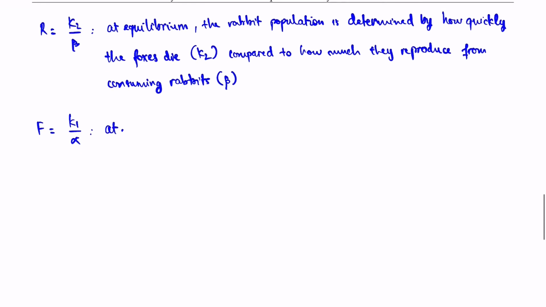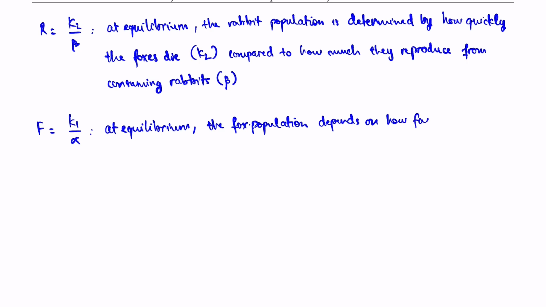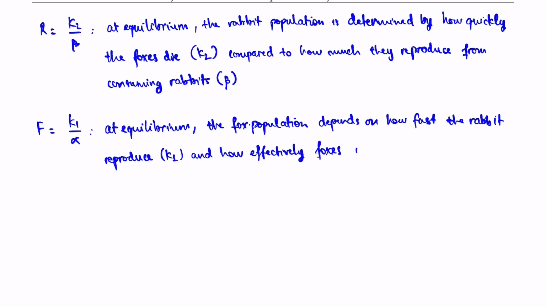So at equilibrium, the fox population depends on how fast the rabbits reproduce at the rate of K1, and how effectively foxes can catch and consume rabbits at the rate of alpha.